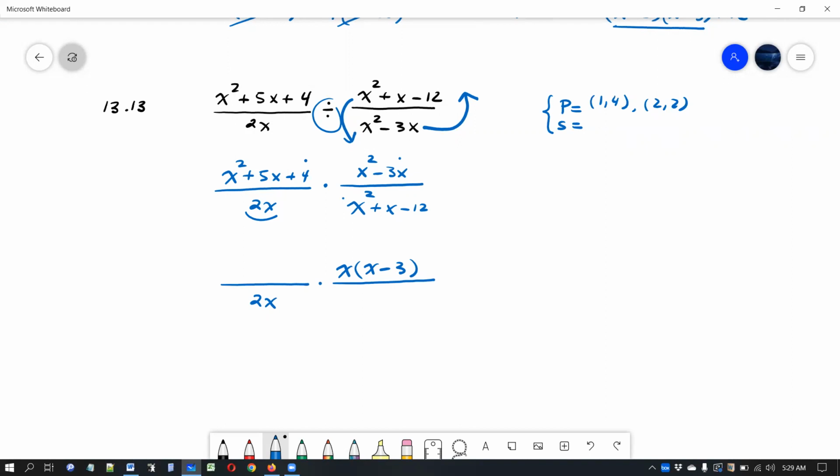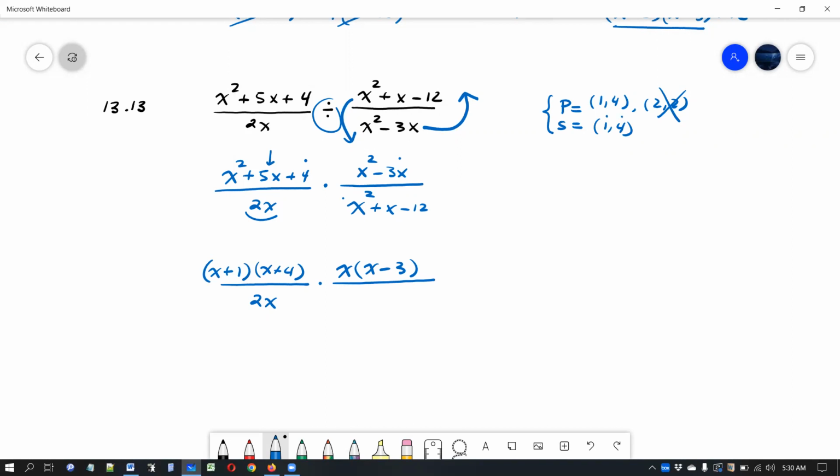And out of these two pairs, I need a number whose sum is 5. So obviously you can see it's 1 and 4. Okay, this guy is out. So once I find the numbers, all I have to do is write them out as x plus 1 and x plus 4. So that is completely factored.